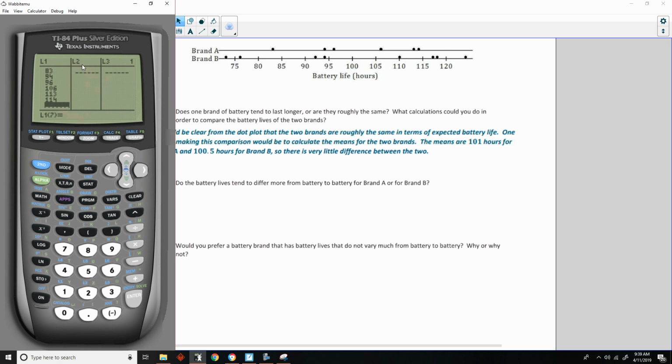In list 2, I will put brand B. And that is 73. This is 76. It jumps up to 92 and 94.